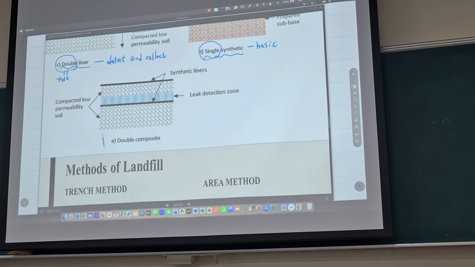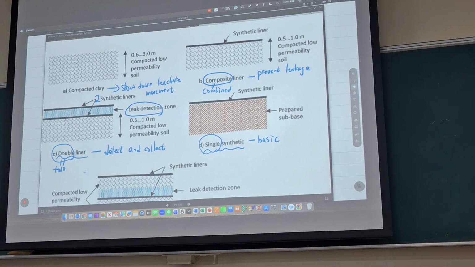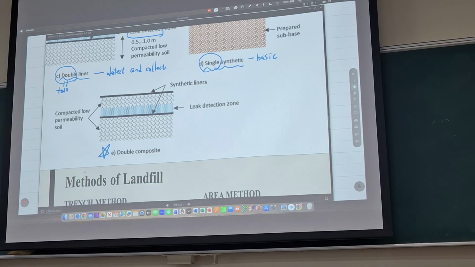Okay, this is the best one. Double composite.